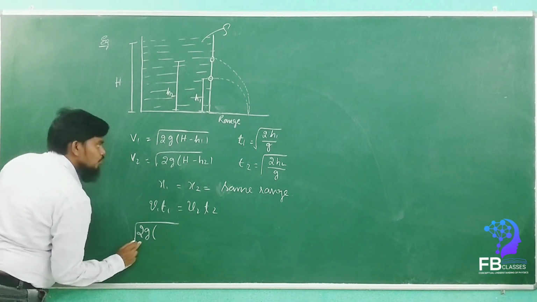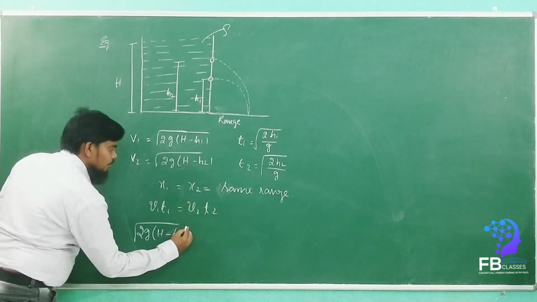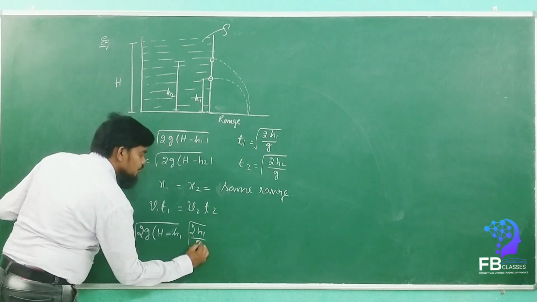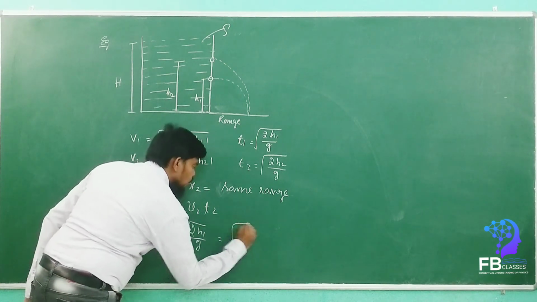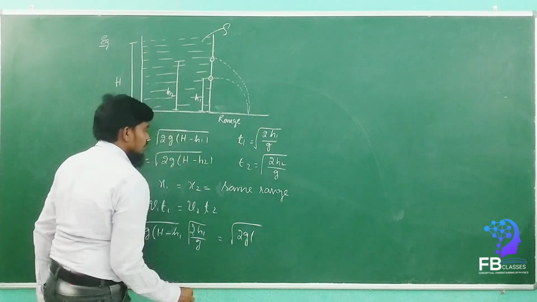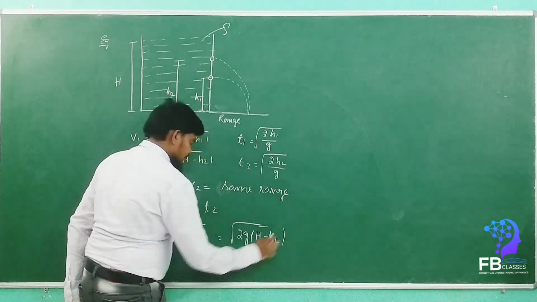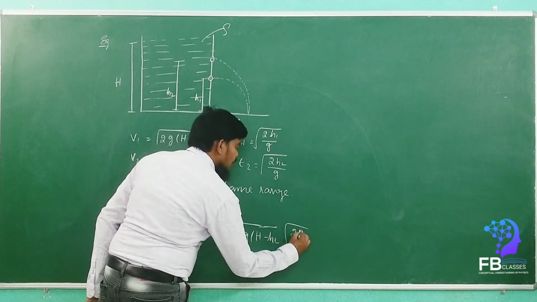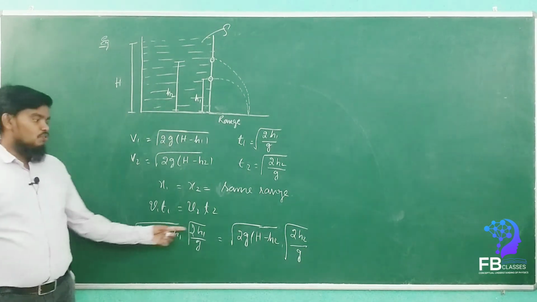Root of 2g(H minus H1) into T1, root of 2H1 by g, is equal to V2 T2. V2 is how much, my dears? Root of 2g(H minus H2) into root of 2H2 by g. Okay, so square on both sides.